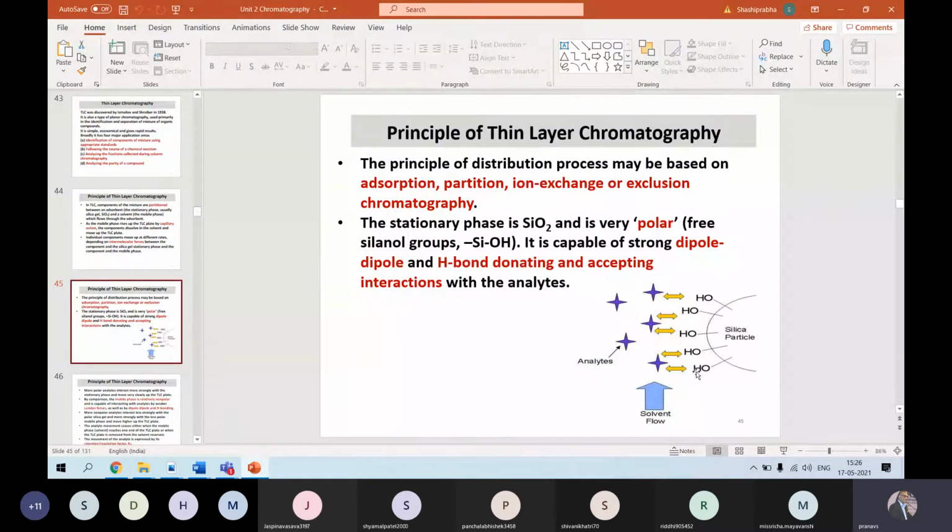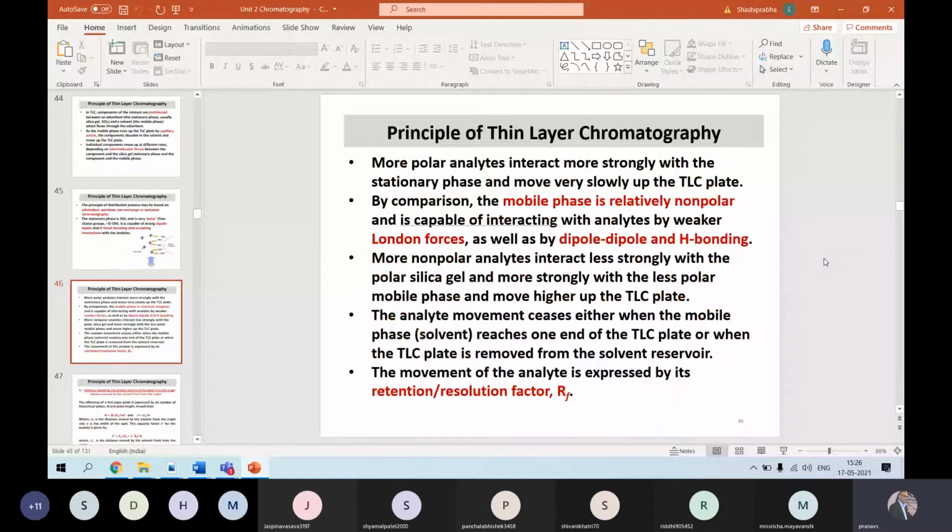So it will have different intermolecular interactions like hydrogen bonding, donating or accepting, and dipole-dipole interactions as well with the analytes, which flow through with the help of the solvent system. So you have your analytes here, and then you have your stationary phase silica with free silanol groups, and then you have the solvent flow from bottom to top. That is how things happen in thin layer chromatography.